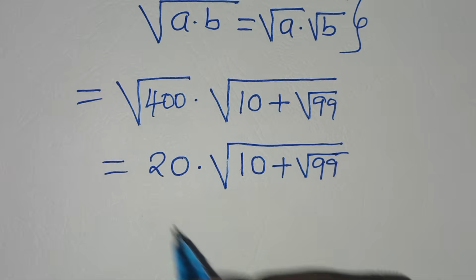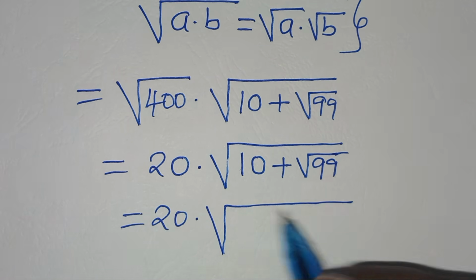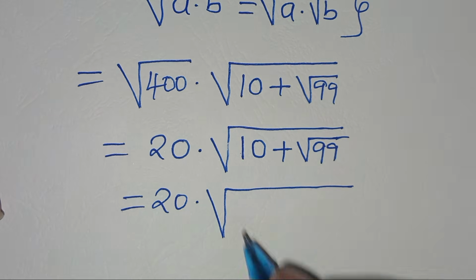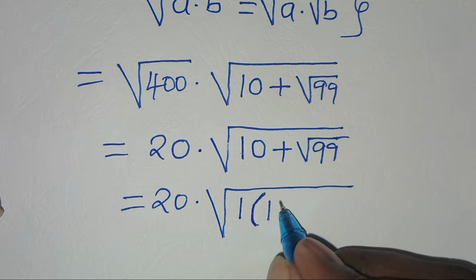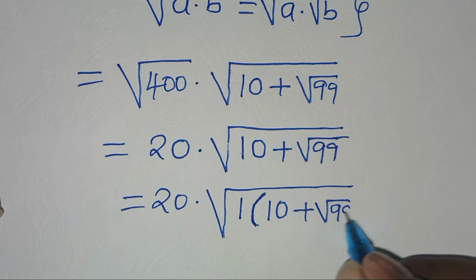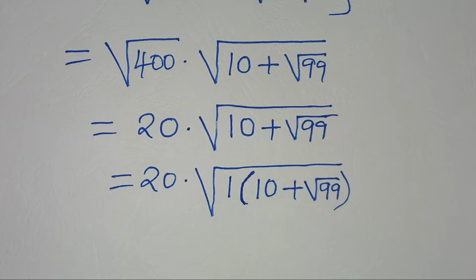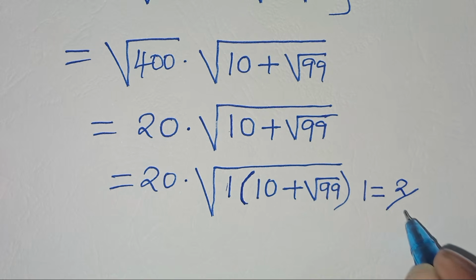Now we have 20 multiplied by, and 1 is common here, so we can factor out 1 so that we have 1 in the parentheses: 10 plus the square root of 99. Now we can express this 1 as 2 over 2.